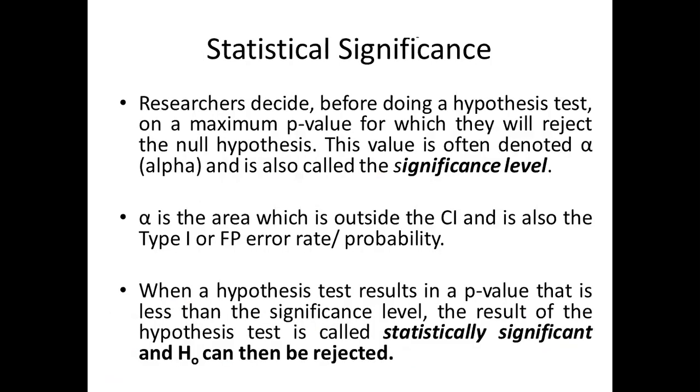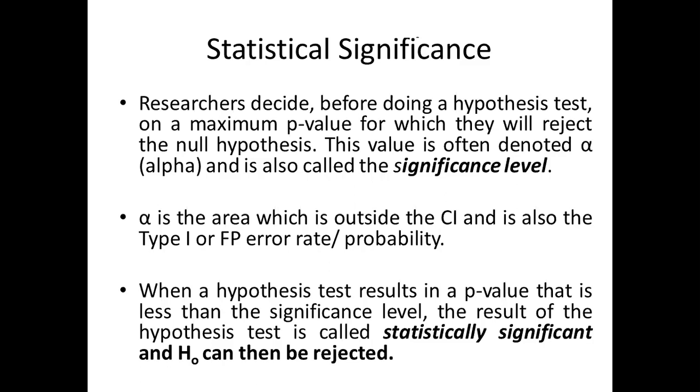Now, researchers decide before doing a hypothesis test on a maximum probability value, or p-value, for which they will reject the null hypothesis. This whole process of hypothesis testing is about either rejecting or accepting the null hypothesis.